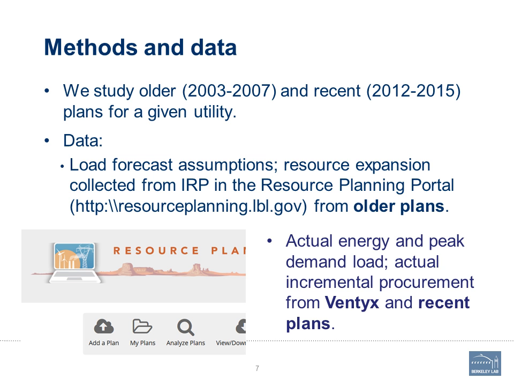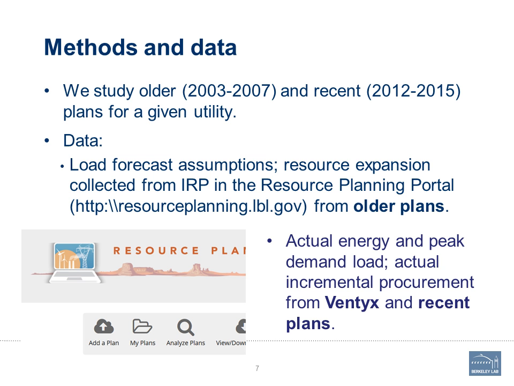So the 24 plans that we use in this study, the 12 earlier plans and the 12 recent plans, are all stored in this resource planning portal that you're more than welcome to visit and gain access to. It's free access. And you can have access to, as I mentioned, over 100 resource plans with their assumptions.